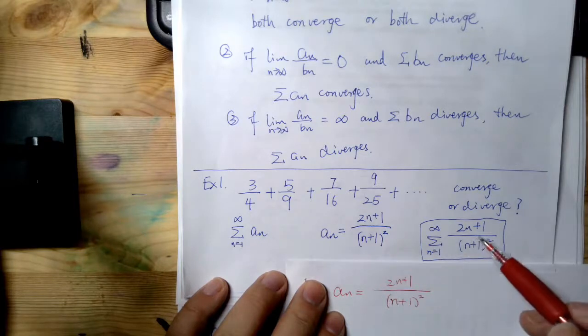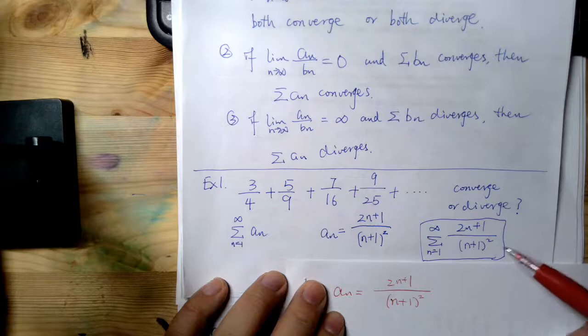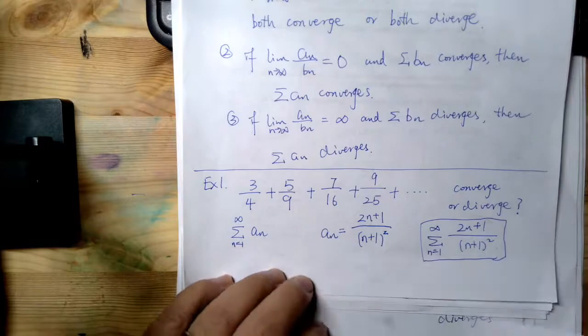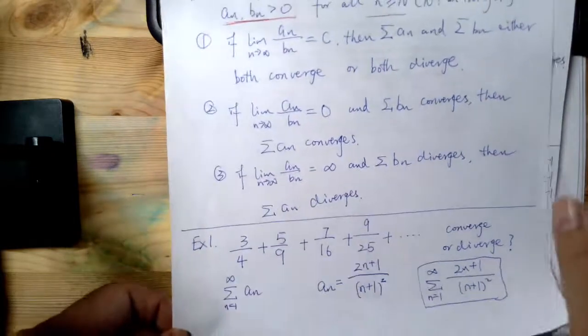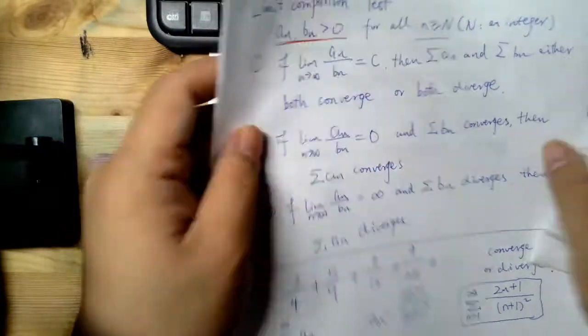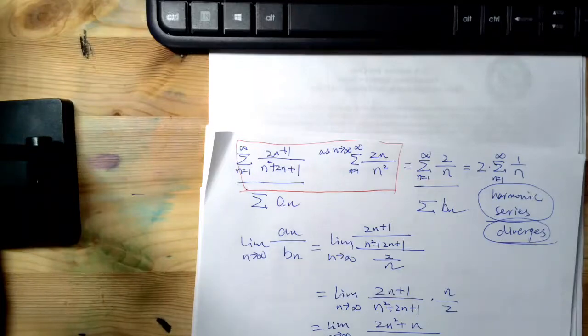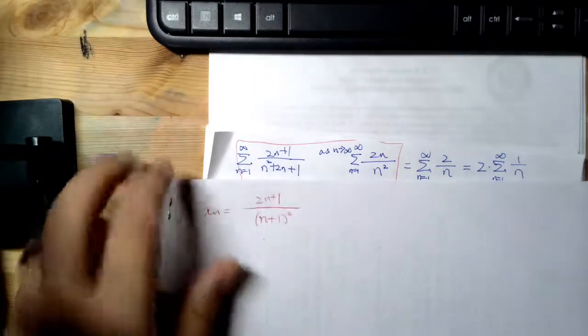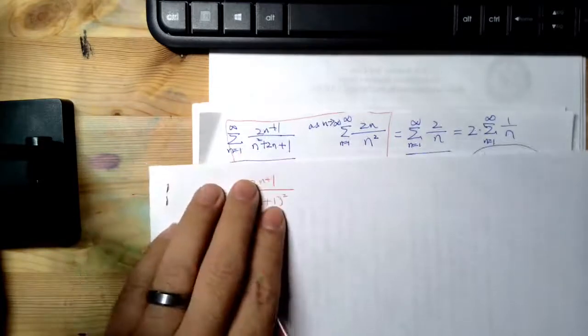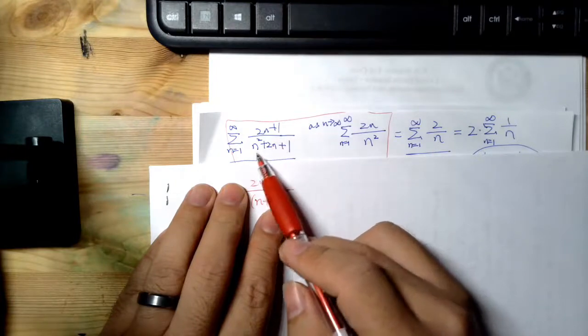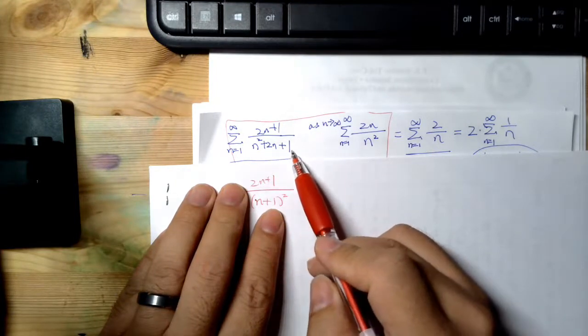And of course, this is the series we are looking at. Starting from now, we're going to focus on this problem. If I expand that, the top is 2n plus 1, the bottom is n squared plus 2n plus 1.